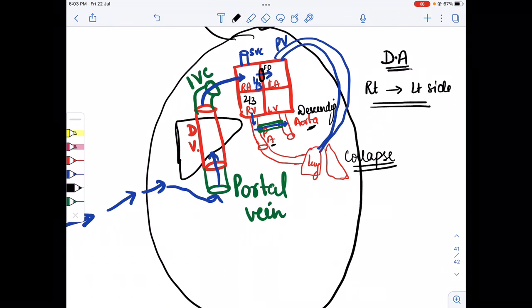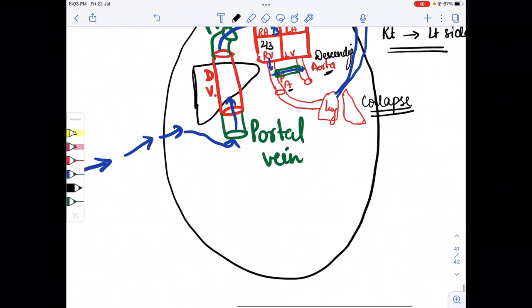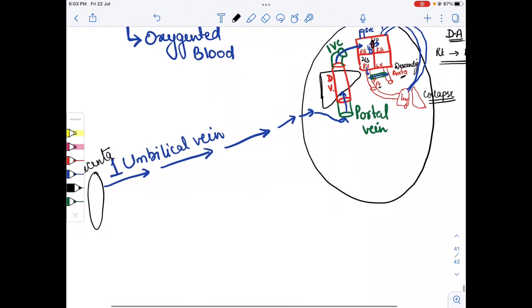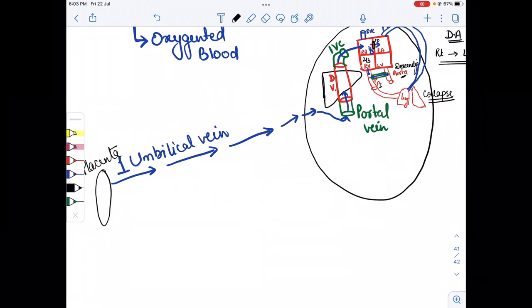So after the aorta, all the blood goes to the systemic circulation, the systemic parts. After that, all the deoxygenated blood collected from the systemic circulation returns to the placenta to get oxygenated, because in the fetus there is no place where the blood gets oxygenated. In adult circulation, the blood is oxygenated in the lungs.